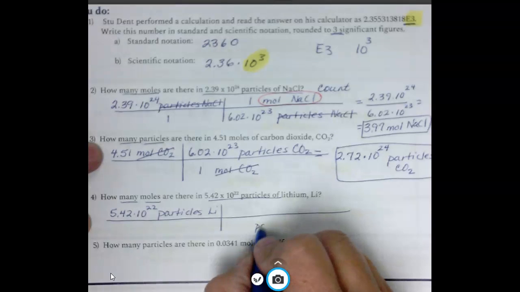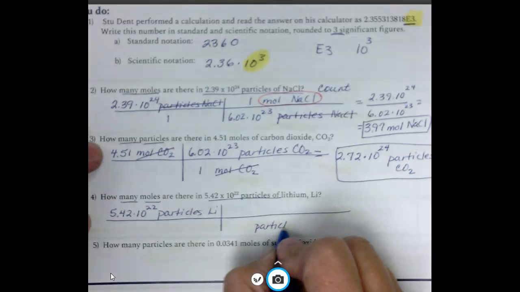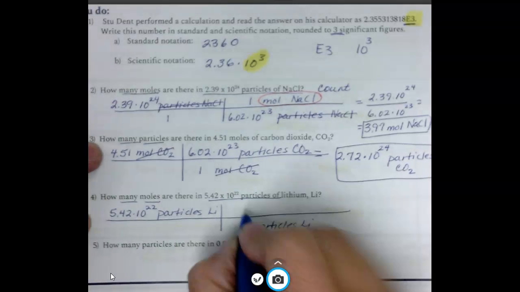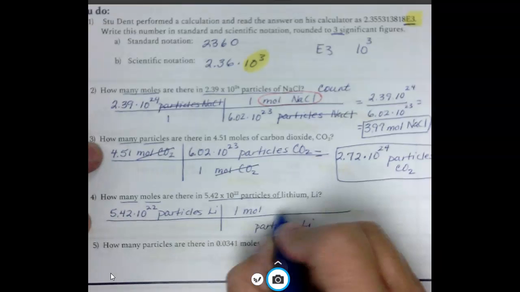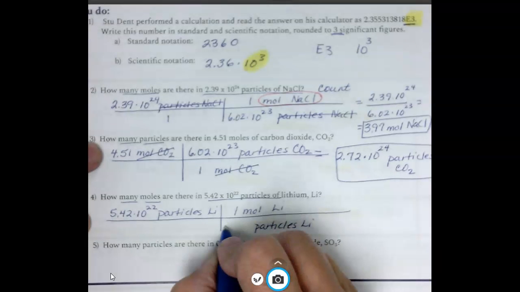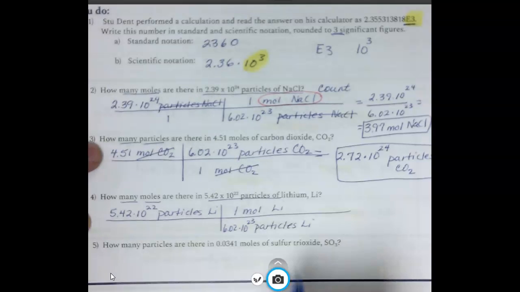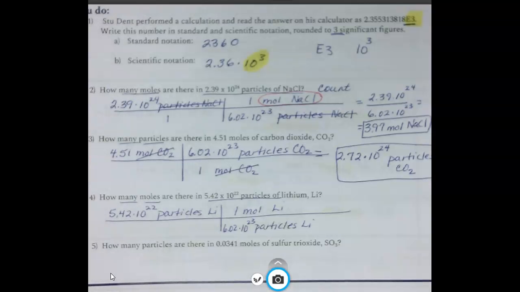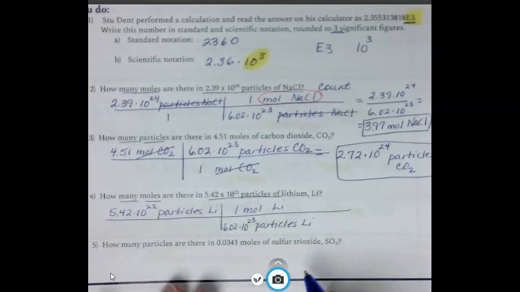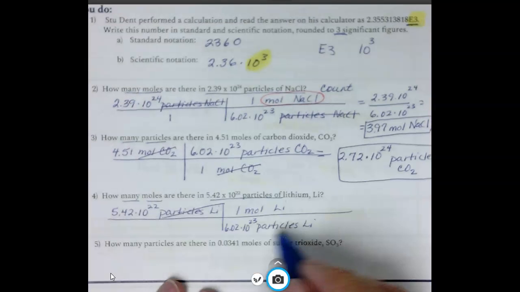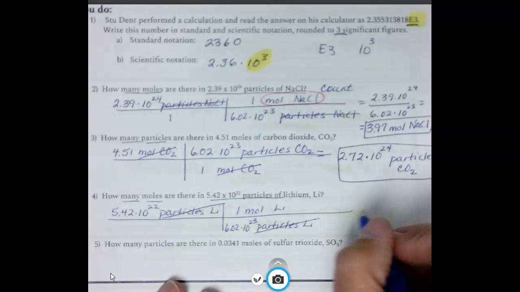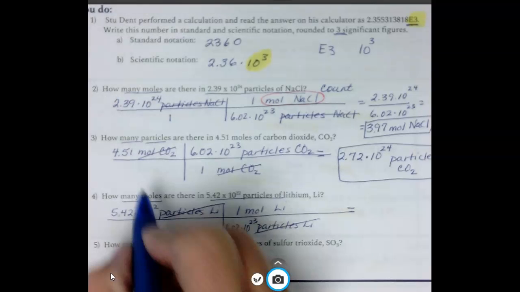So I'm going to put particles. I should have left myself more space. And then 1 mole. Okay, so 6.02 times 10 to the 23. Didn't leave enough space. Okay. Particles cancel. I'm going to run this.